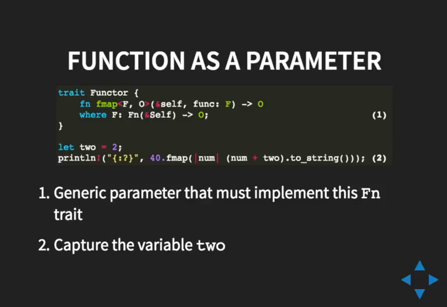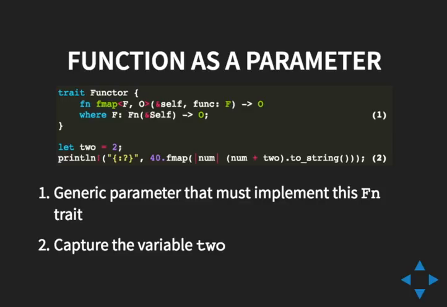And we specified in a where clause that this F generic parameter must implement the trait Fn, which takes a self as a reference and returns the generic type O. And it is not shown here, but this trait was implemented on the integer, for instance, so that we can call the fmap method over the integer on the last line.